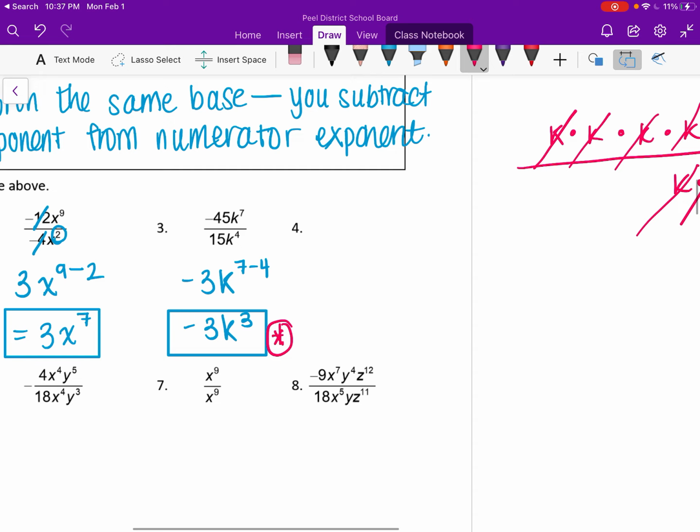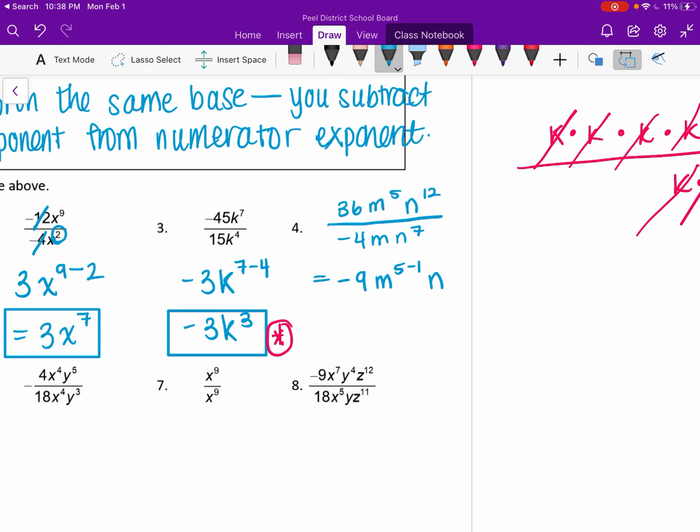So let's do 4, which was the one that had actually gone off to the bottom over there. It's 36m to the 5 n to the 12, divided by negative 4m n to the 7. That's going to give me, I know 36 divided by negative 4 is going to be negative 9, right? m to the power of 5 divided by m means that it's going to be m to the 5 minus 1.